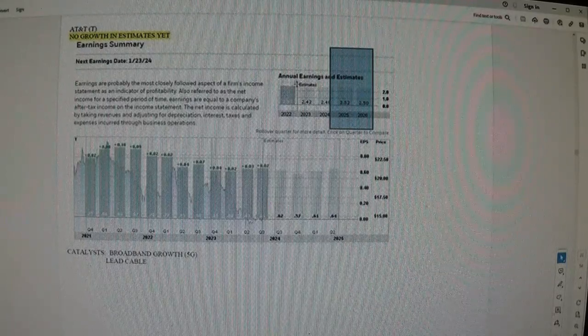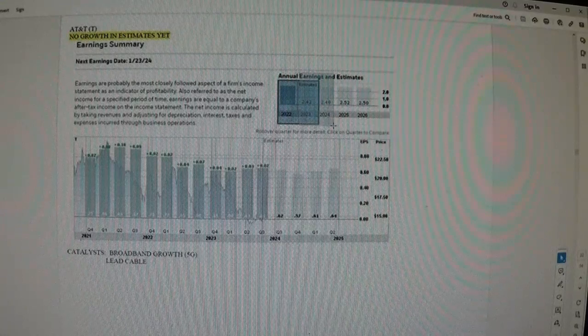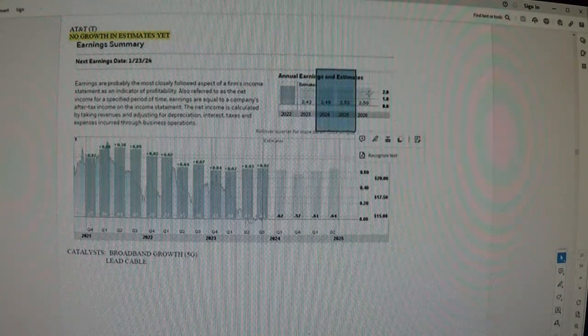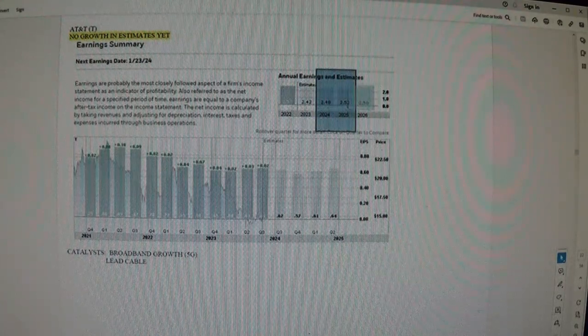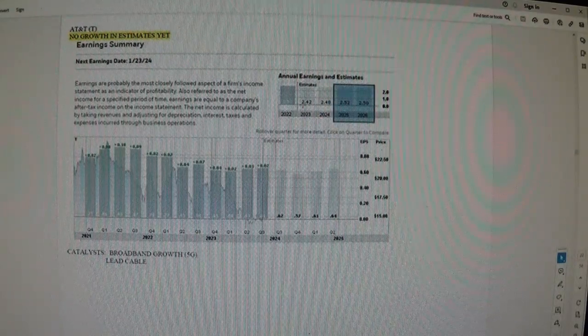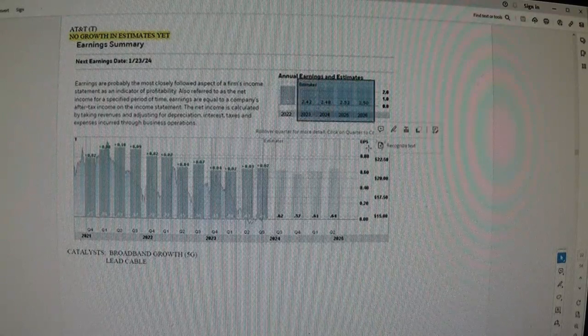I like to divide these and get 10% for a growth stock. But for a stock that you buy and hold and just collect the dividend, you just don't want to see these earnings projections going down, because then they might cut their dividend. So right now I think it's not going down, so that's decent. We'll keep on following it.